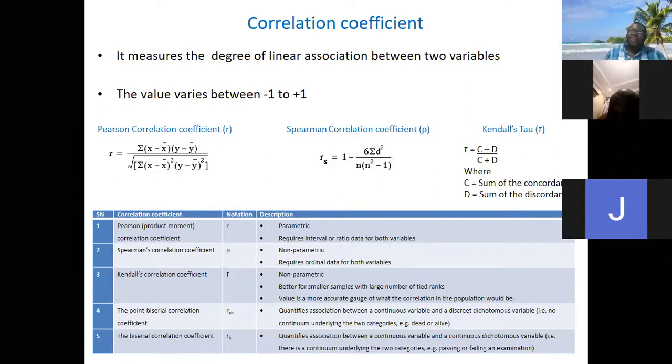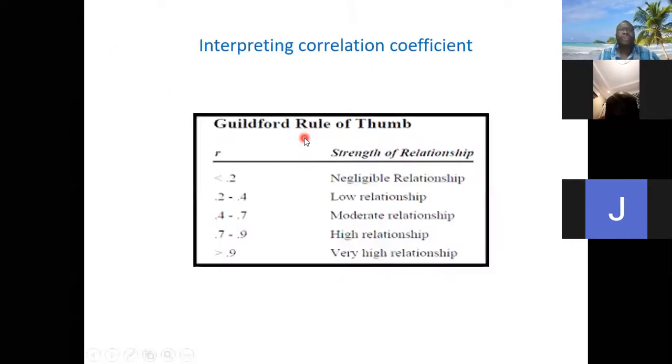When you run it with software, it will give you, under Pearson, the biserial and point biserial. So what I just want is the interpretation. You know that it's anything from 0 to 1, either positive or negative. When it is negative, it means that the association is in the opposite direction.